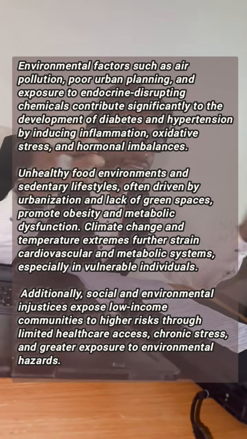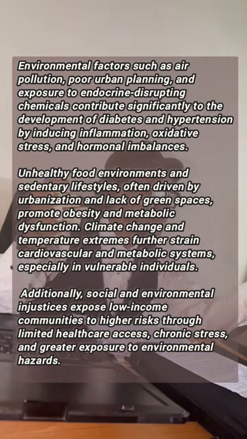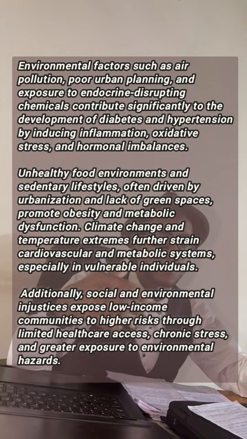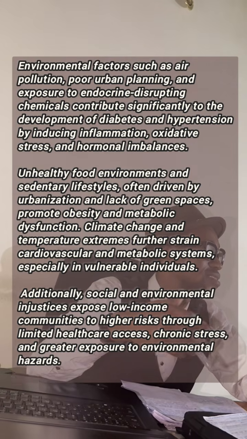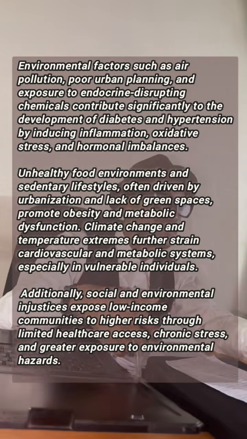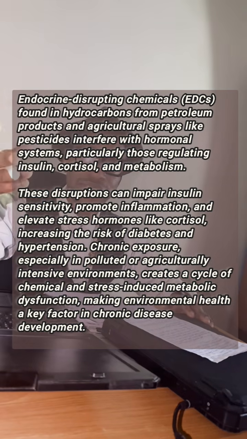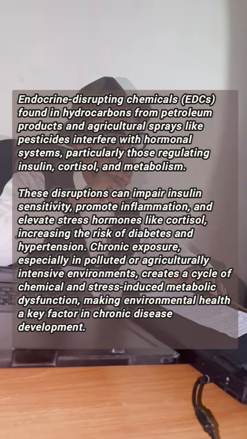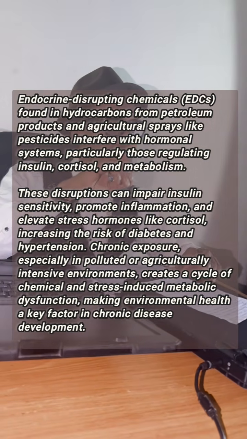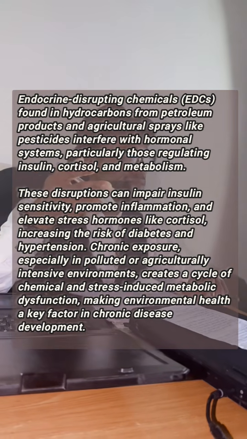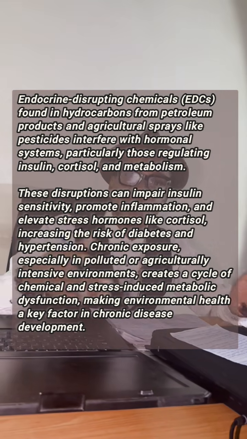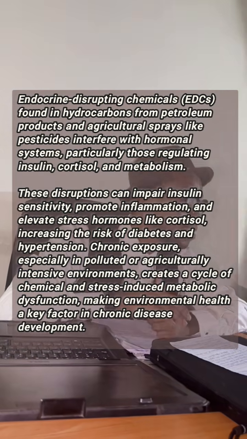So chemicals in the environment, some sprays. Remember when I talked about pollution? I talked about the fact that there are some sprays that contain endocrine disrupting compounds. Some pesticides contain endocrine disrupting compounds. And what does that mean? What does it sound like? Endocrine disrupting. They cause imbalance to the hormones, and insulin is a hormone.